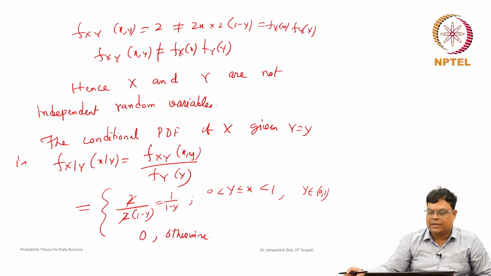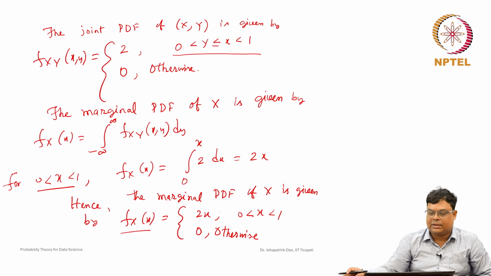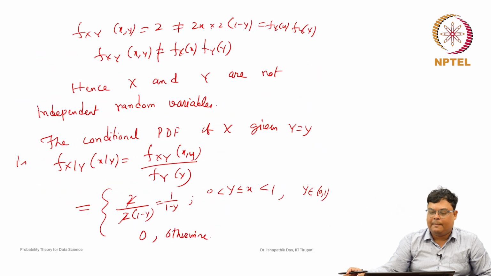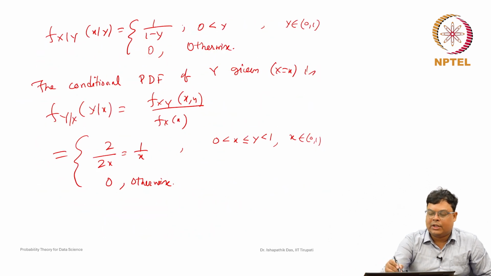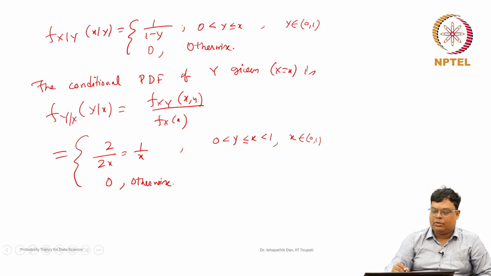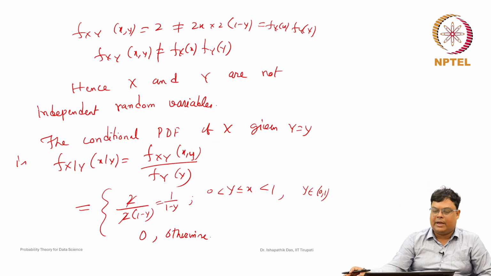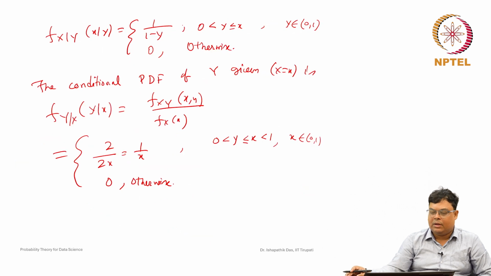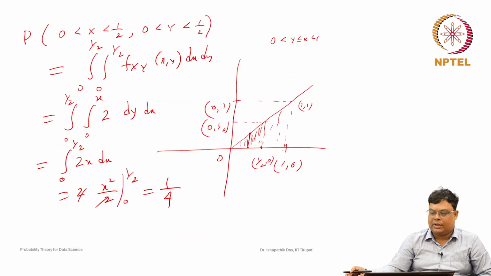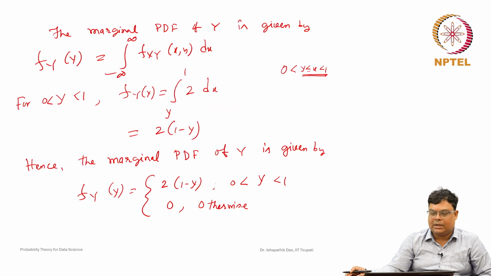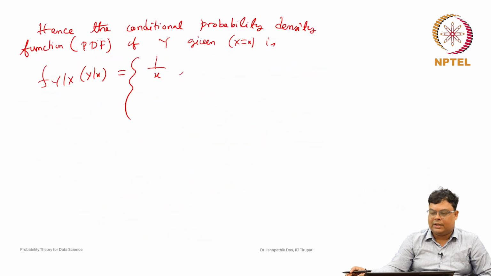It is actually just interchanged x and y: 0 less than y less than or equal to x here, and here this is y, this is x. So, wherever it is written otherwise, it is a mistake, it is just interchanged.